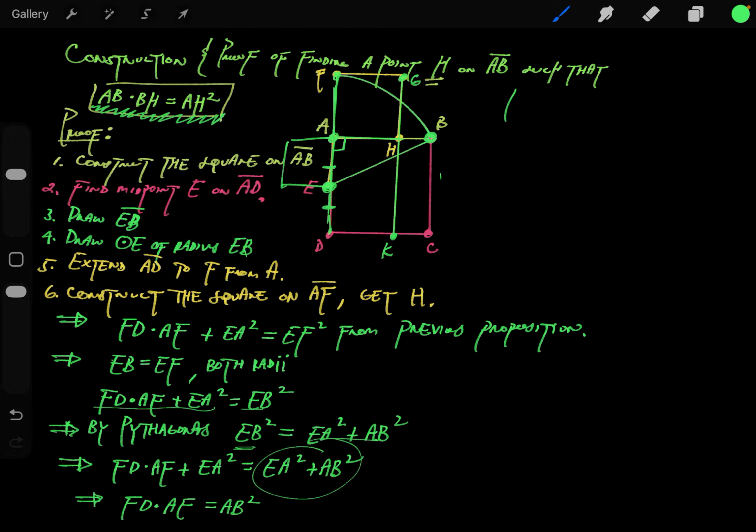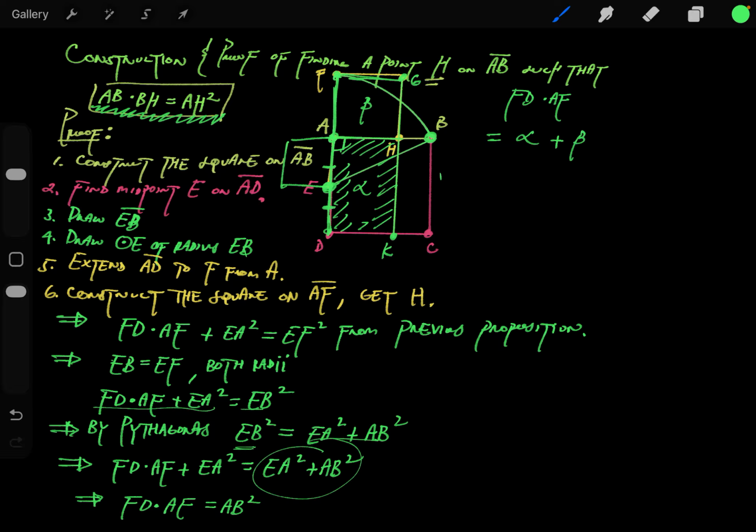FD times AF is equal to, let's call this whole piece alpha, alpha plus this piece, let's call this piece beta.